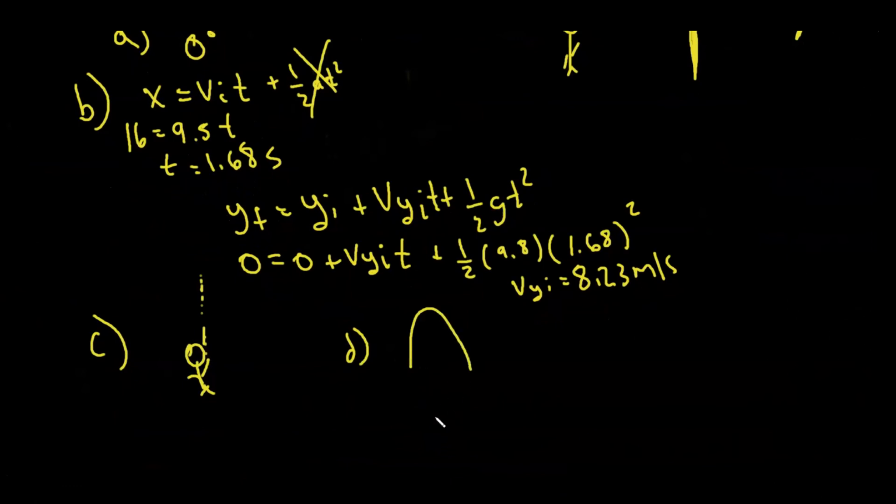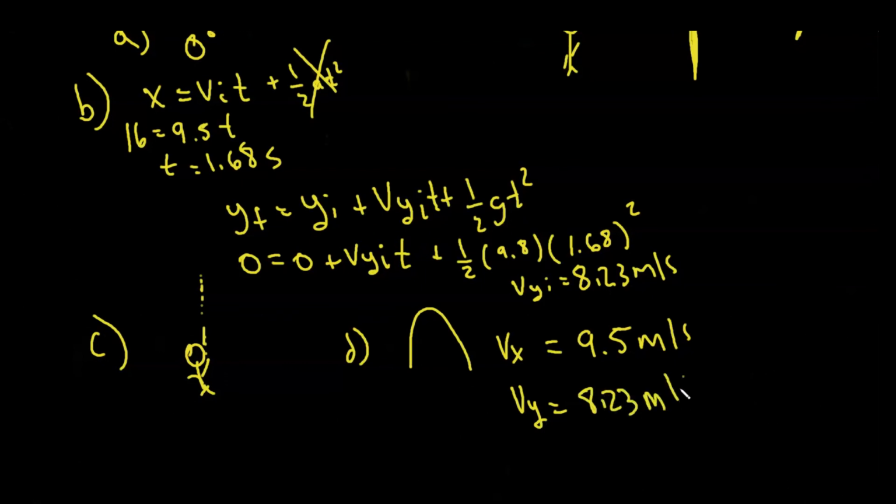To find the velocity in the frame of reference of the observer, the truck would move horizontally relative to the observer, so the velocity of the can in the horizontal is the velocity of the truck, and we had said that was 9.5 meters a second. And if you think about it, the observer would still see the ball traveling up and down in the vertical direction at the velocity that we had found earlier, 8.23 meters a second.